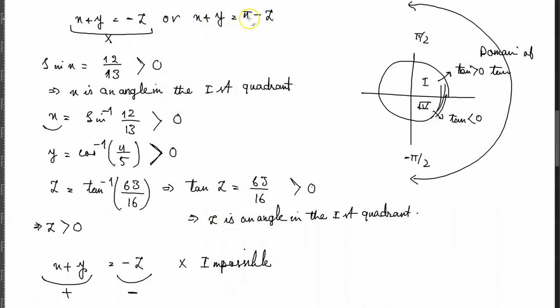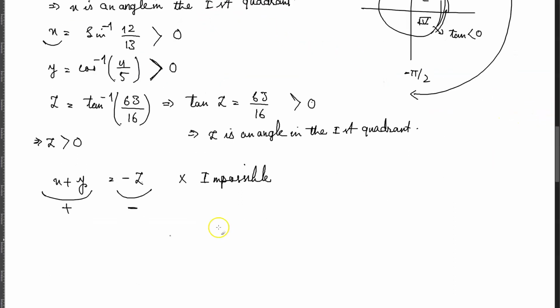So that way you can show that this is not possible. And so x plus y is equal to pi minus z. Therefore you can conclude that x plus y is equal to pi minus z, which means that x plus y plus z is equal to pi.